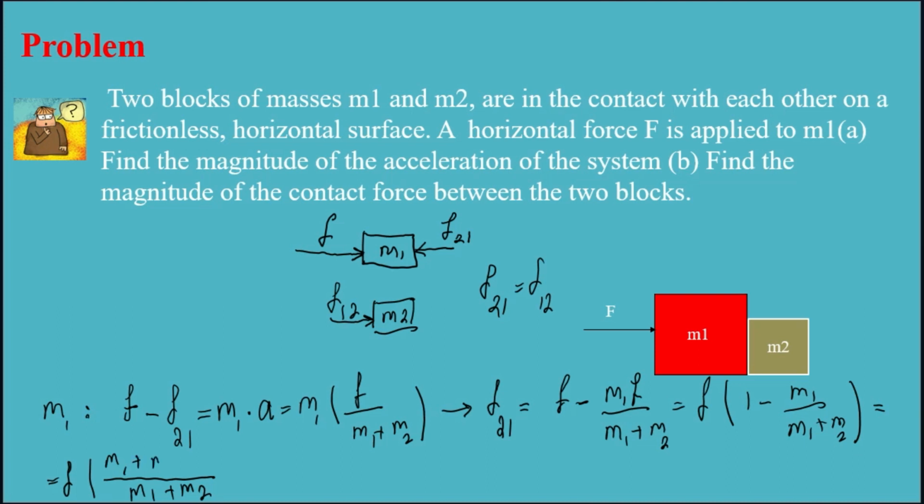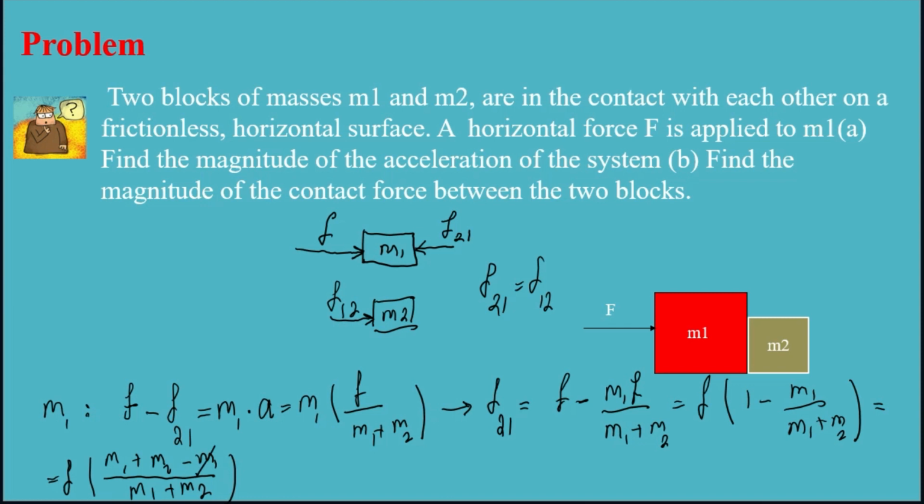Doing a little math, F21 equals F times (m1 plus m2 minus m1) over m1 plus m2. The m1 cancels out, so F12 or F21 equals F times m2 divided by m1 plus m2. That's my answer for F21.